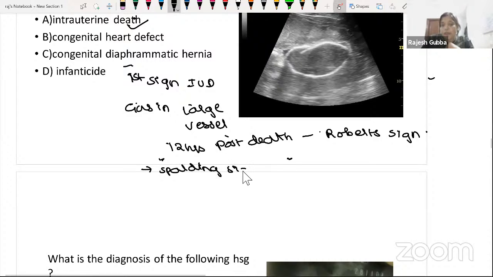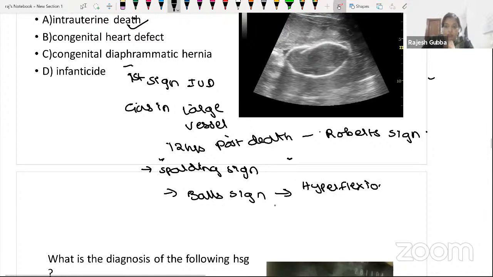And later we see one more sign called Ball's sign. What is Ball's sign? Hyperflexion of spine is called Ball's sign. So we have Robert's sign, Spalding sign, and Ball's sign for intrauterine death.